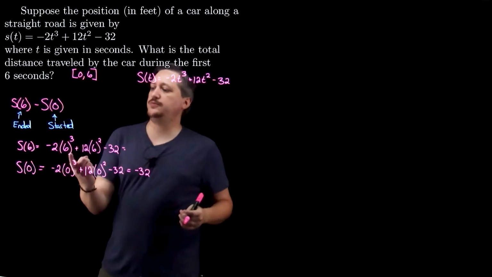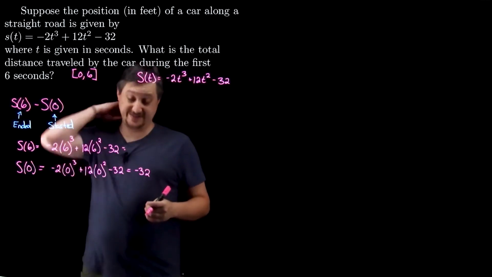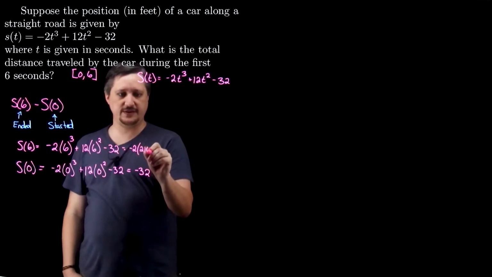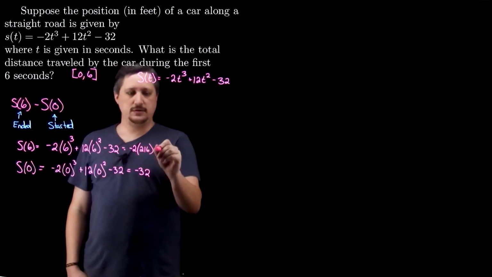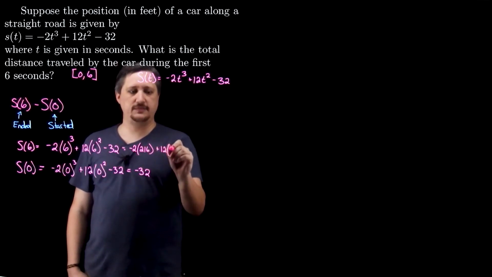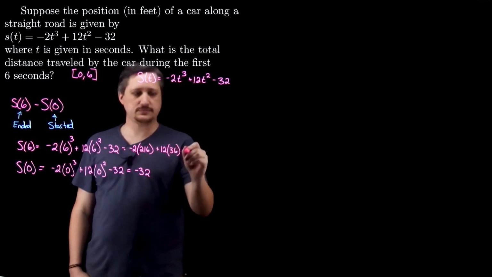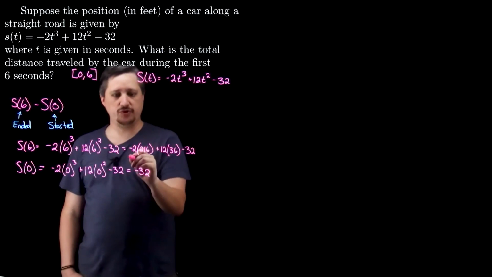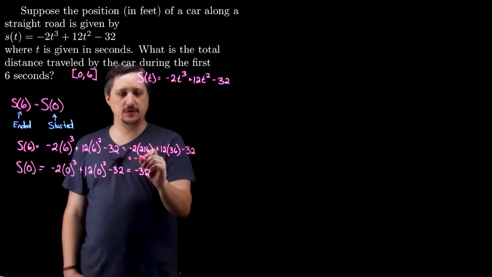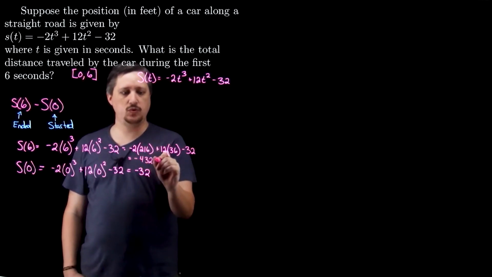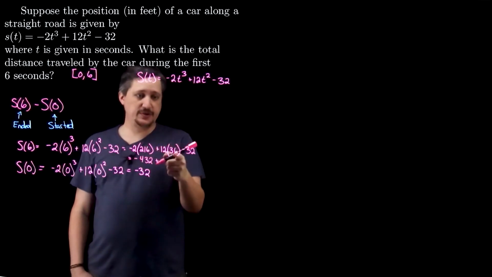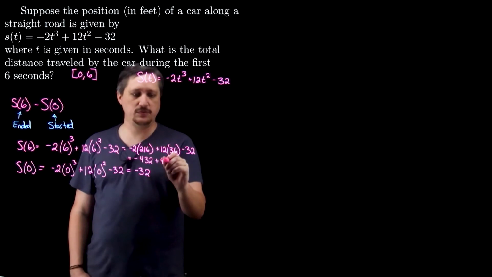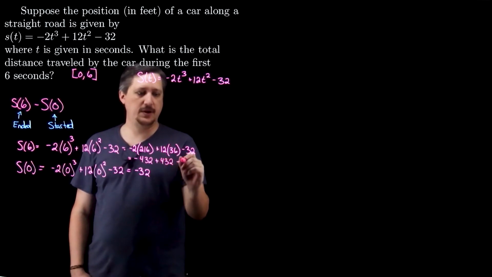Well, 6 cubed, so that's 6 times 6 is 36, times 6 again. So that's going to be -2 times 216 plus 12 times 36 minus 32, which is going to be -432 plus, so that's 360 plus 72, so that's 432, minus 32.